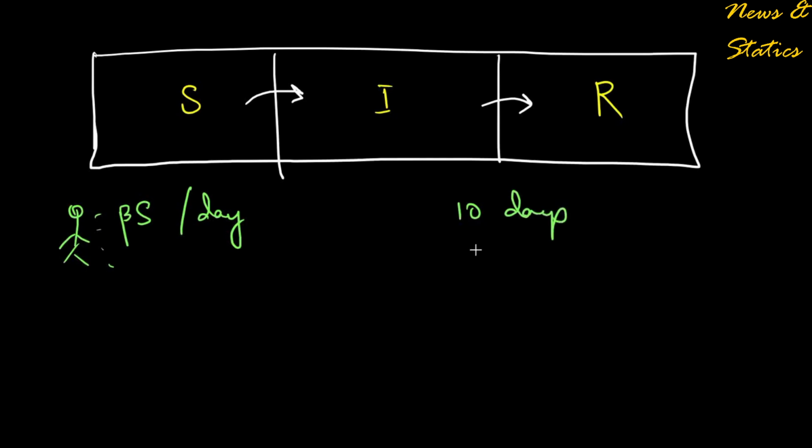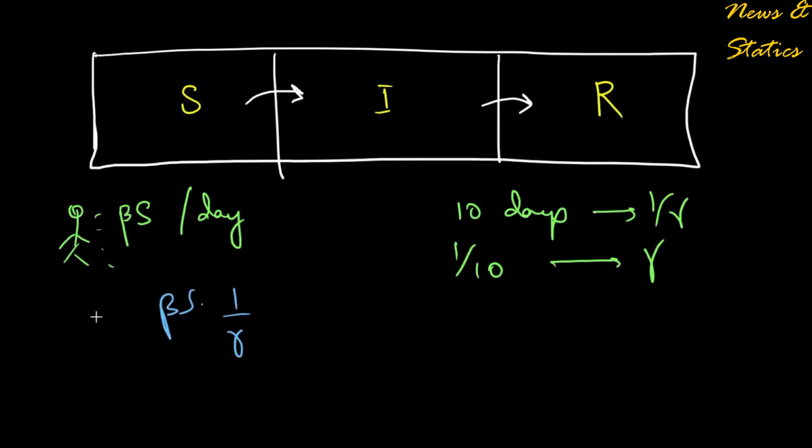That means his recovery rate is 1 upon 10. So this quantity is called gamma, and this quantity is called 1 upon gamma. That means we know that this quantity is about 14 days for the coronavirus, that he remains infectious for 1 upon gamma days. So essentially, he transmits this disease to beta S times 1 upon gamma people throughout the period of his infection. This quantity is known as the reproduction number R.